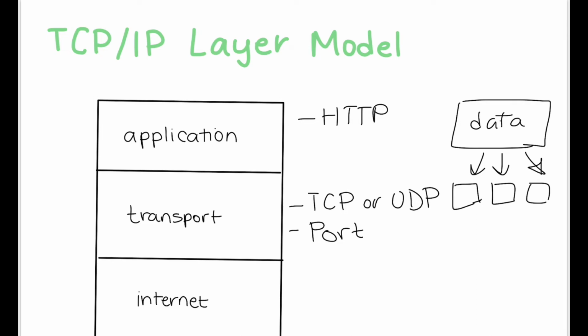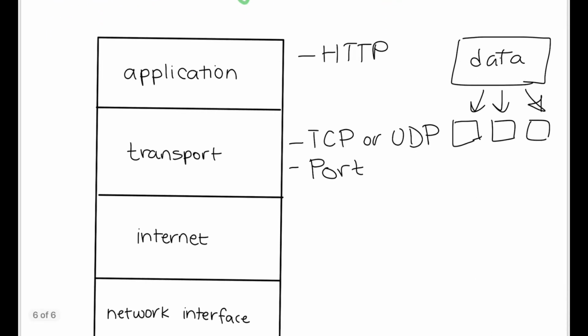Okay, so the internet layer is going to be where you're adding your IP addresses. Your IP addresses essentially just uniquely identify different machines.